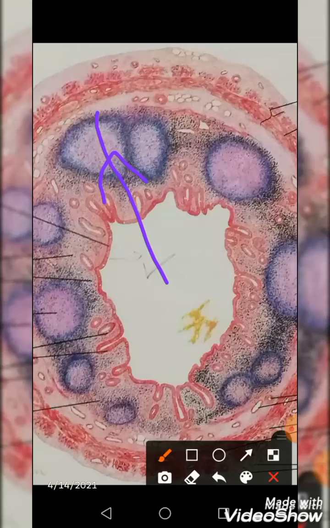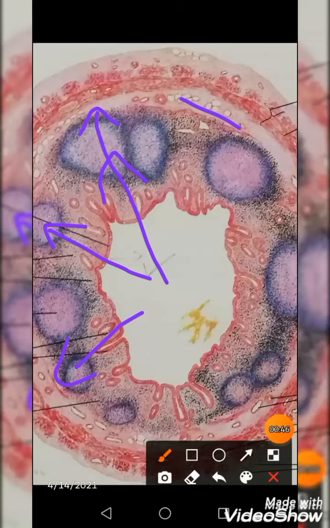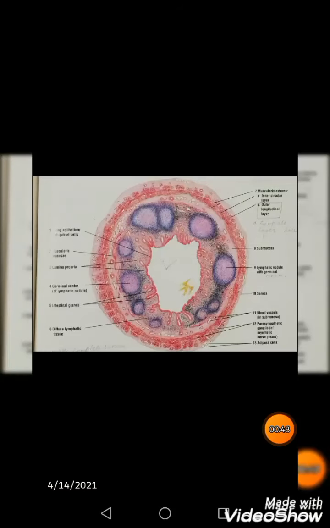Rather, they are trying to enter into the submucosa because of their larger size, and in the submucosa you can observe the blood vessels. The adipose tissue is very much marked here, and all around you can find so many lymphatic nodules. This is the hallmark of the appendix, through which you can easily learn about the appendix.